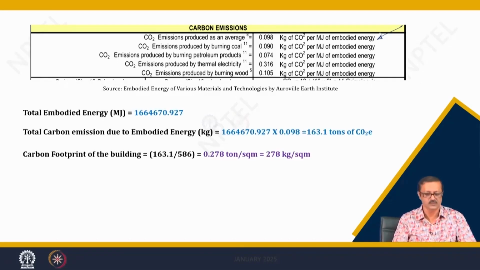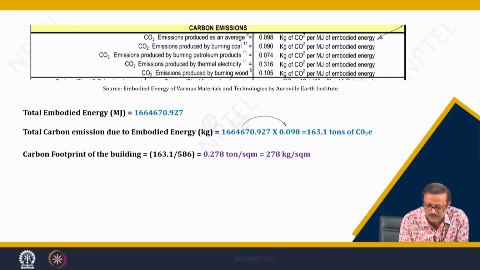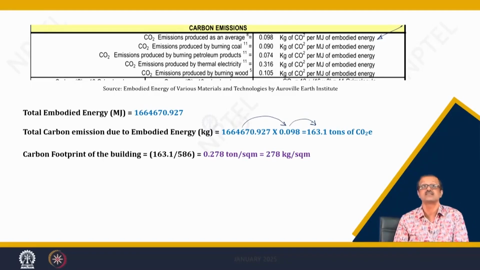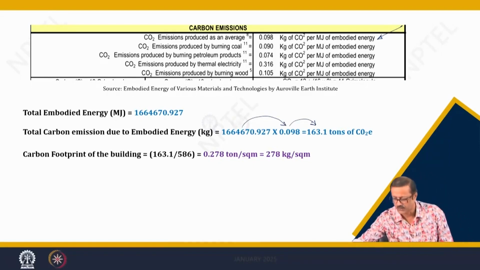So, I converted the megajoule by multiplying by 0.098, and it is almost 163.1 tons of carbon dioxide equivalent emission. Then I divided that by the total built-up area, which gives me the carbon footprint of the building as almost 278 kg per square meter.